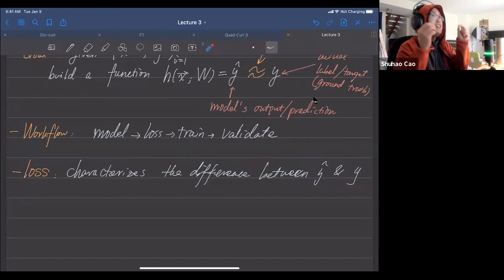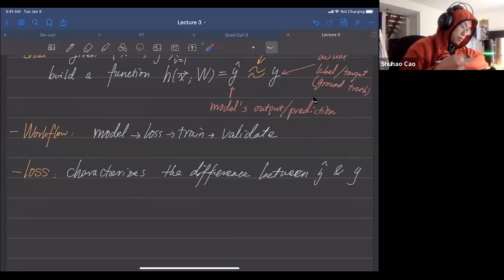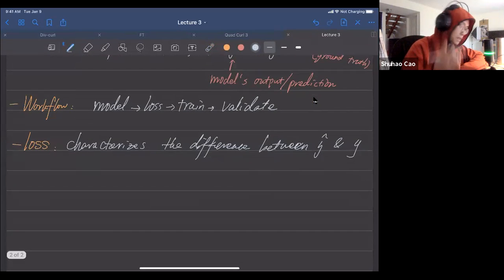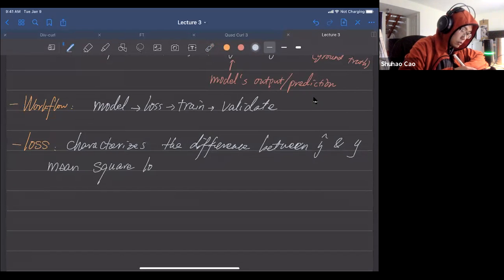It basically gauges how different our model prediction is with respect to the actual value. So what we want to do is minimize this difference. A simple example, which we'll use as today's lecture's example, is what we call the mean square loss function.